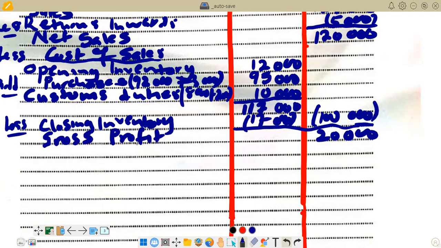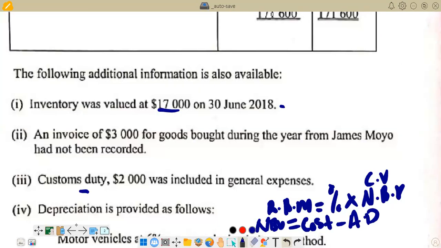Right. So that's what we have. Then we also after that, now we go to add other income. On add other income, we check if we have got any income there, but according to our question, we should have one income that is there.